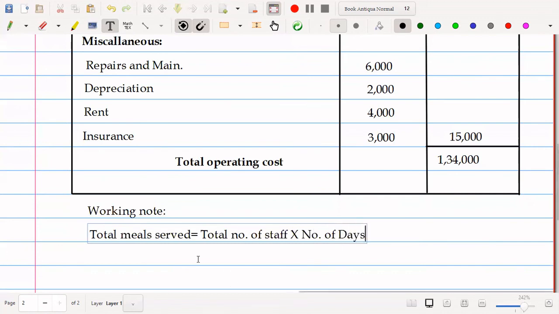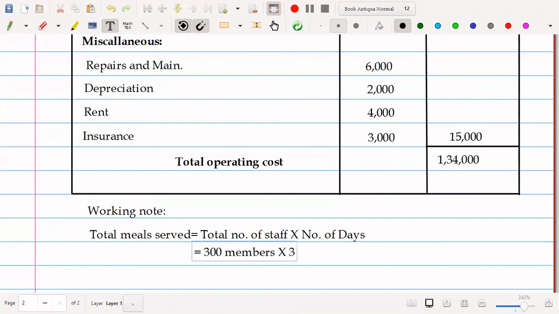Total number of staff is 300 members into total number of days given, 30 days. So when we multiply this, it comes to 9,000 meals.